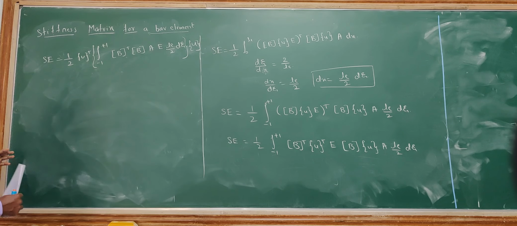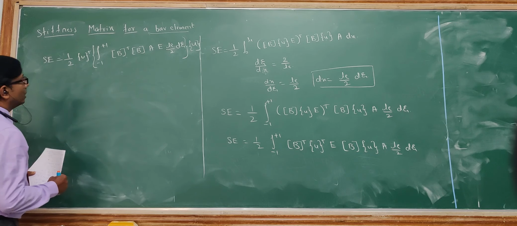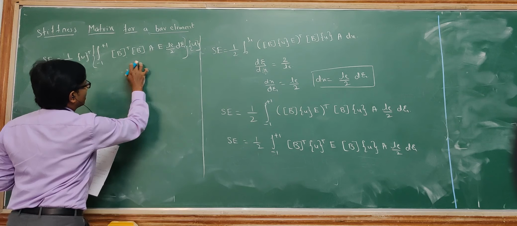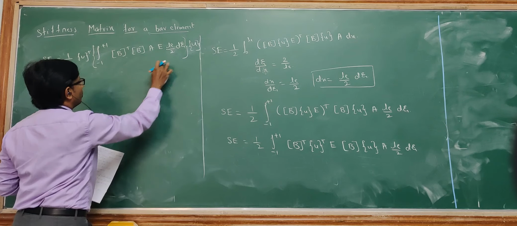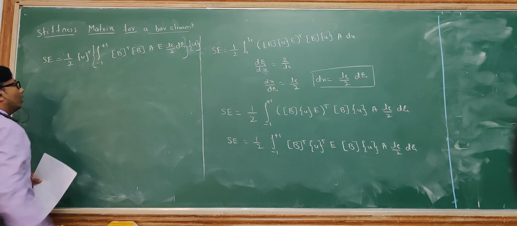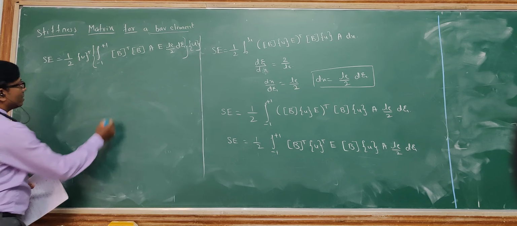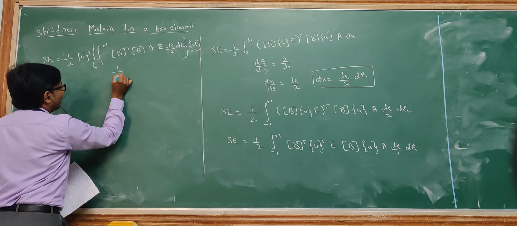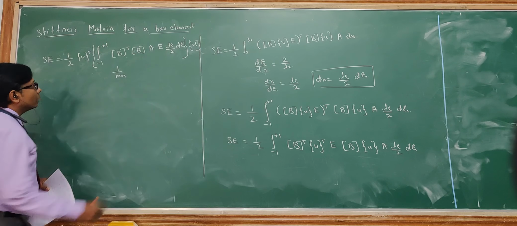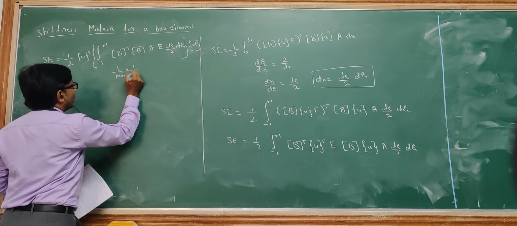If I try to solve this in terms of units, what is the unit of B? B was given as 1 by LE, -1 1. So 1 by LE means this becomes 1 by mm, and this is also 1 by mm.